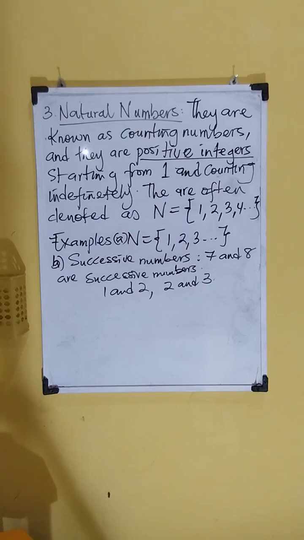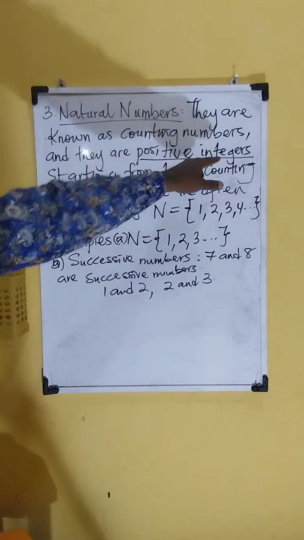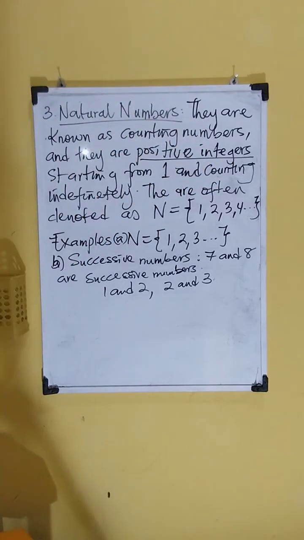For example, when I say integers, they are whole numbers. That's the first thing that should go. So that is why you see me keep underlining a particular part. Integers are first, whole numbers. After being whole numbers, they are both positive and negative.